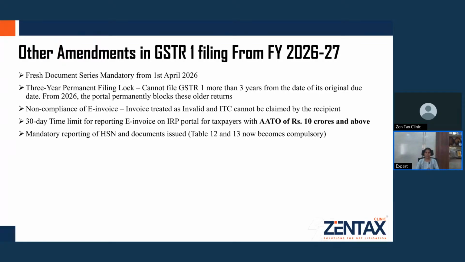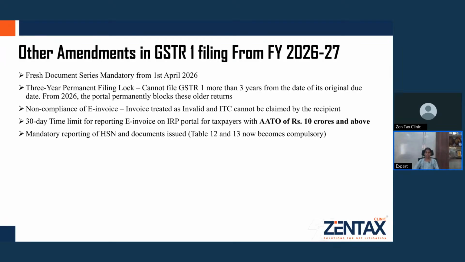That is, the invoice number should start from the first number. Then, the 3-year permanent filing lock. That is, the registered person cannot file GSTR-1 more than 3 years from its original due date. From 2026, the portal permanently blocks these older returns.